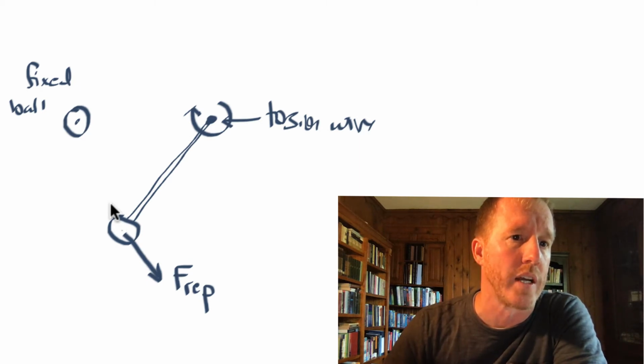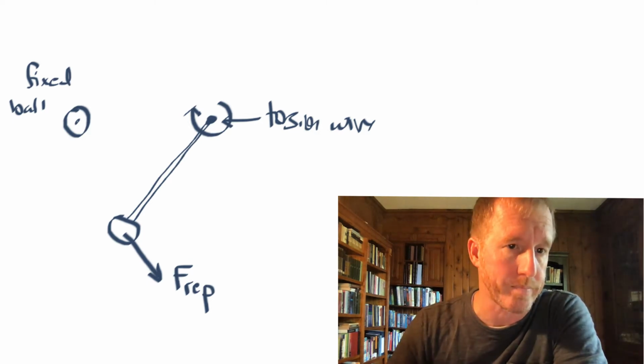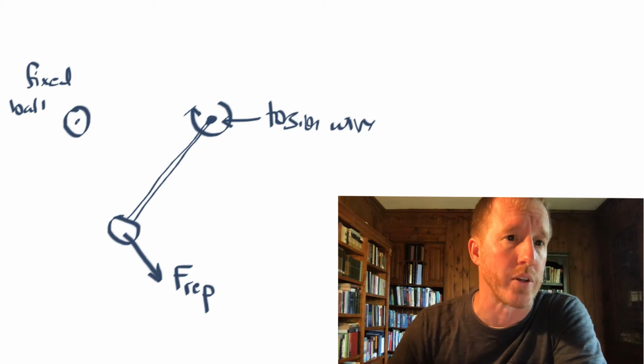Because after all, if this was the only force acting on that ball, it would just fly away from the fixed ball. The only thing that's holding it in place is the force exerted by the torsion wire that's holding it back. So by measuring the force exerted by the torsion wire, it gives you a measurement of the repulsive force between those two balls.